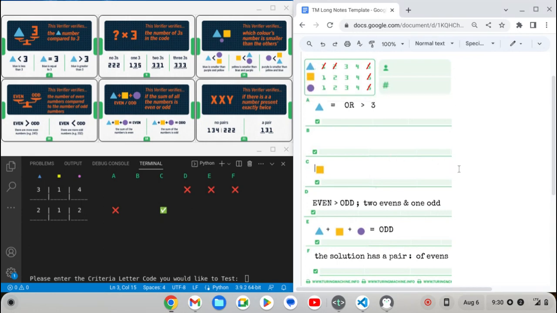So square is the smallest and also odd. So let's go update our notes here. So we know it can't be a 2 or 4.